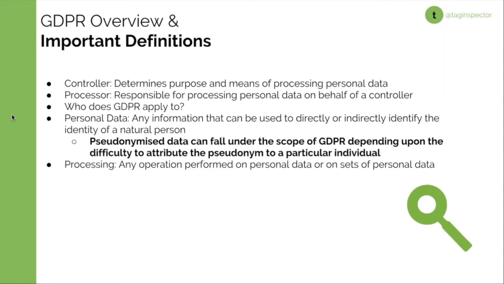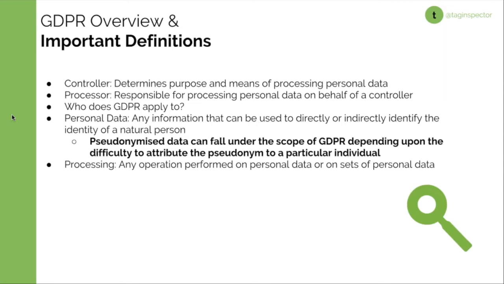Personal data under GDPR has a pretty wide general definition: any information that can be used to directly or indirectly identify a natural person. That includes pseudonymized data. I always struggle with that word.